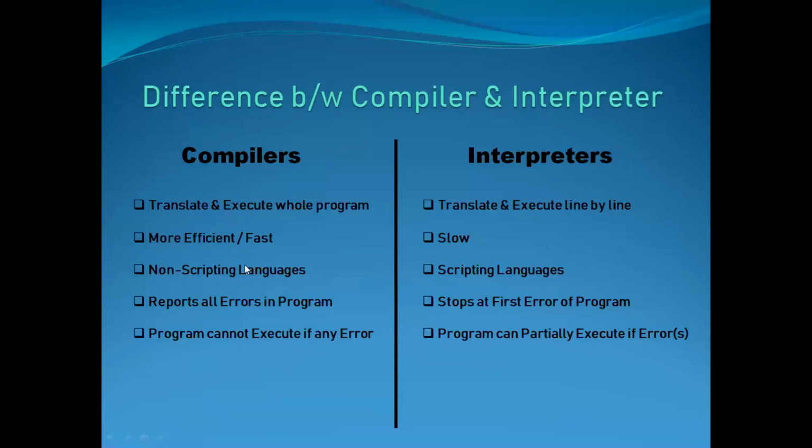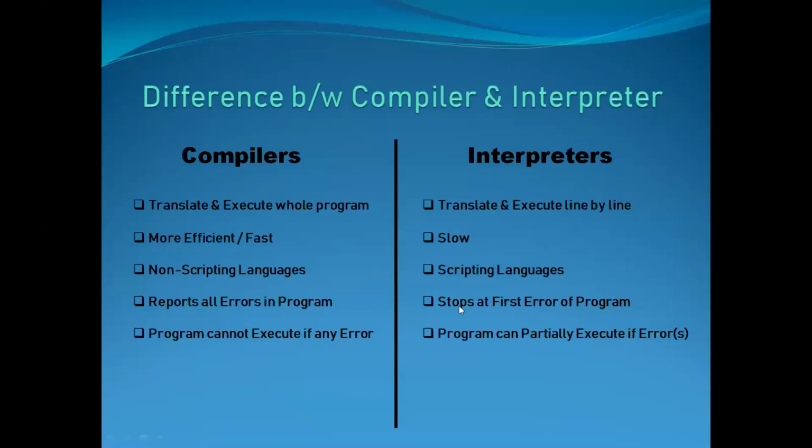As I have already told you, compilers are used for non-scripting languages, whereas interpreters are used for scripting languages. There is another difference: a compiler reports all errors in the program, whereas an interpreter cannot report all errors because it stops at the first error of the program.